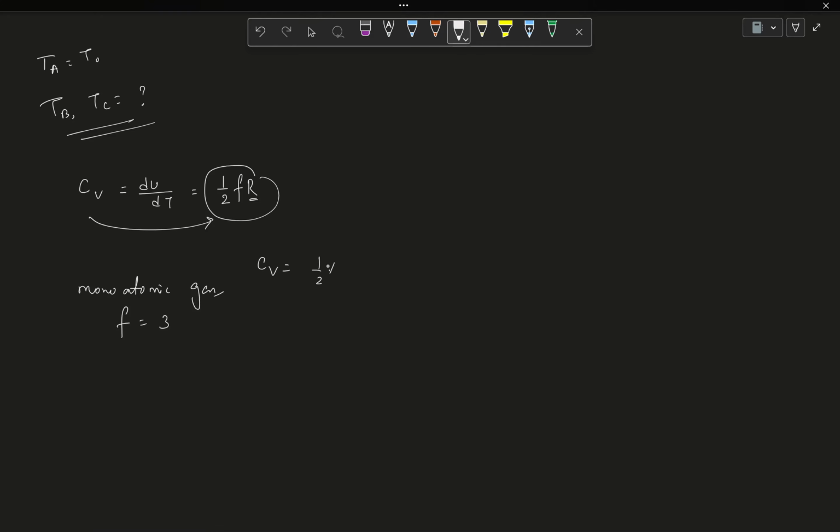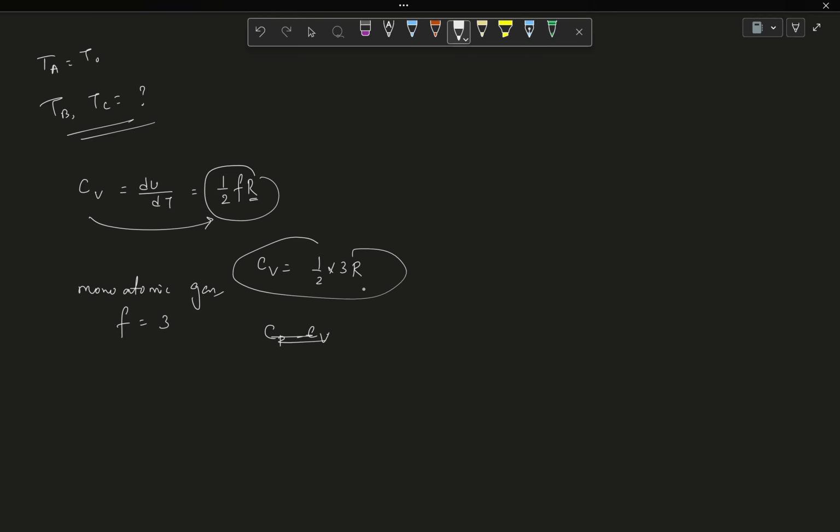And you know that Cp minus Cv, but we do not need to calculate Cp minus Cv. Basically you will only need Cv here, so directly just write Cv is equal to 3R by 2, right? So Cv is done, so we still have to get the values of Tc and Tb because Ta is already known.